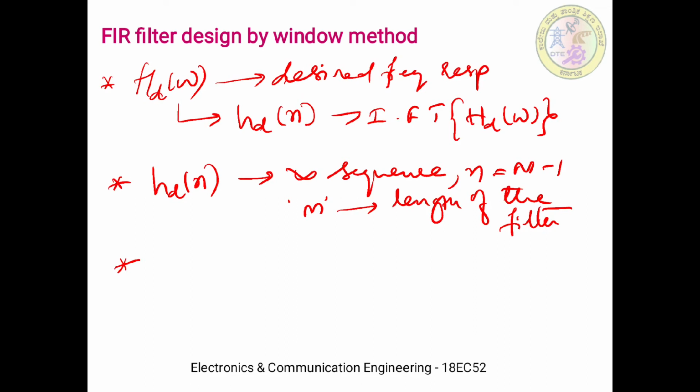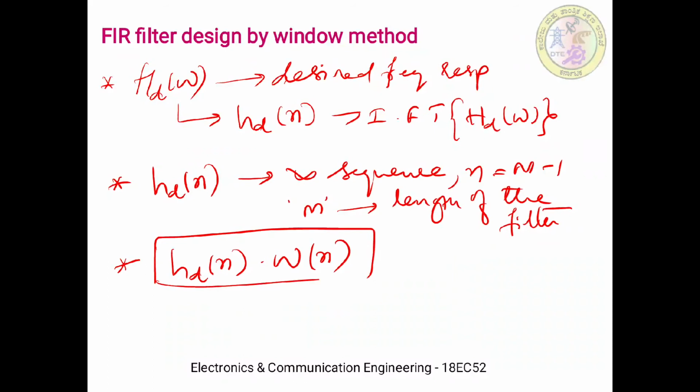The truncation is obtained by multiplying HD of n by a window sequence W of n. This is the most important operation here. The multiplication of HD of n, which is infinite in nature, is converted into a finite series by multiplying with a window function W of n.